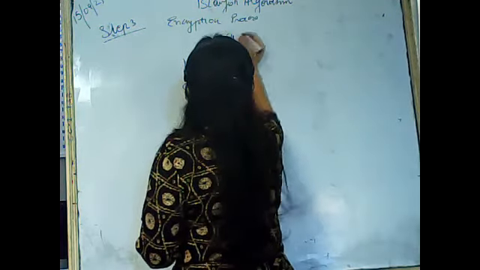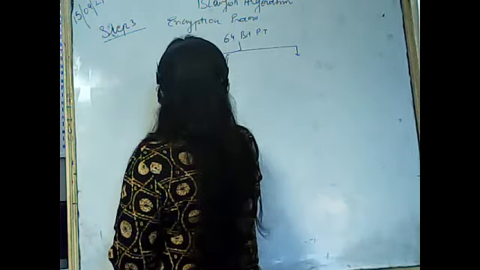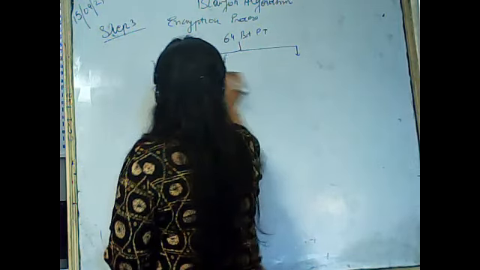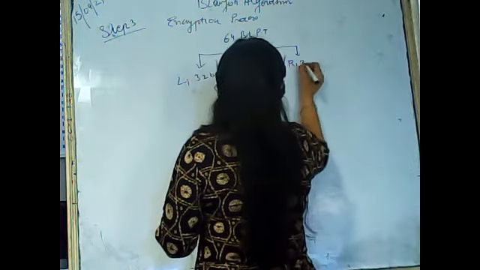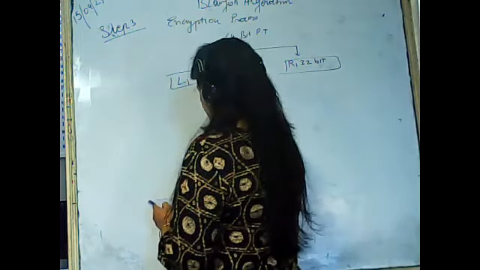Okay, so here we will start with a 64-bit plain text. We will divide this 64-bit plain text into two parts, that is L1 32-bit and R1 32-bit. Now, what will happen on this L1 part?